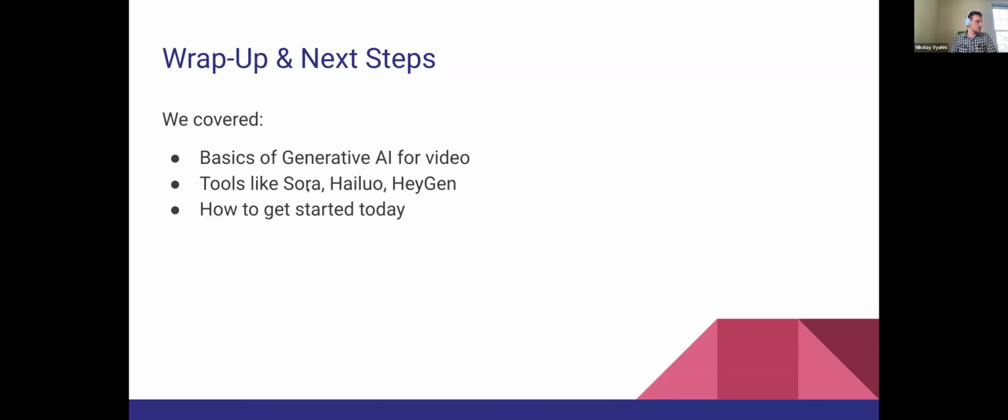I showed you some tools, mostly Sora and Hailuo, and a little bit of HeyGen. There are other tools, but Sora and Hailuo are the largest nowadays. This field is moving very fast, so in a year we will probably see more players, companies, and products for video generation.